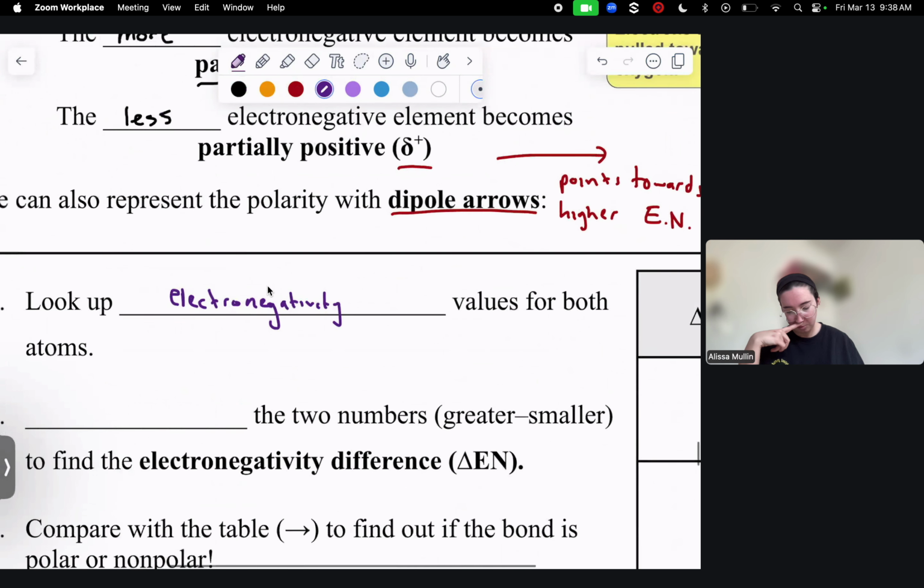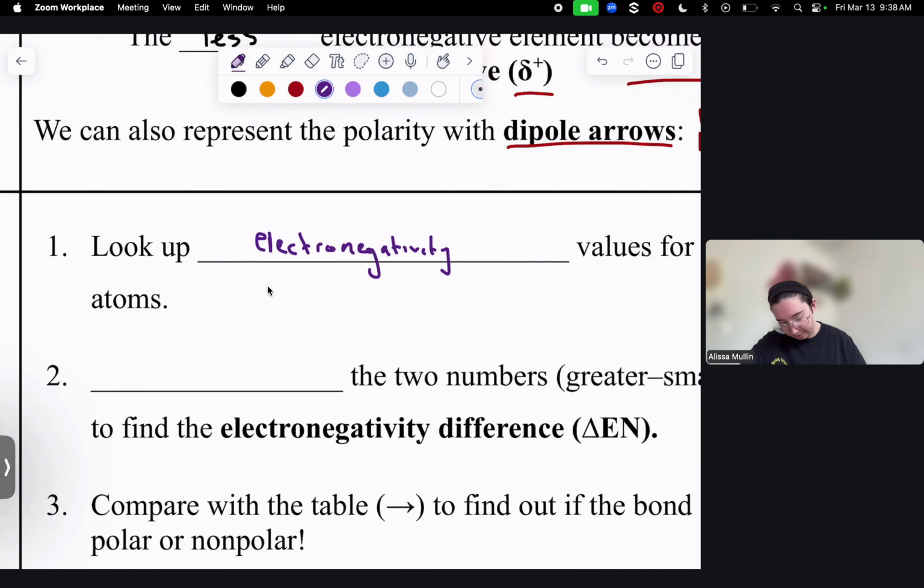Okay, and then we're going to compare those. We're going to see if there's a big difference, making it polar, or if there's not that big a difference, making it non-polar. So my two values, we're just going to find the difference between them.